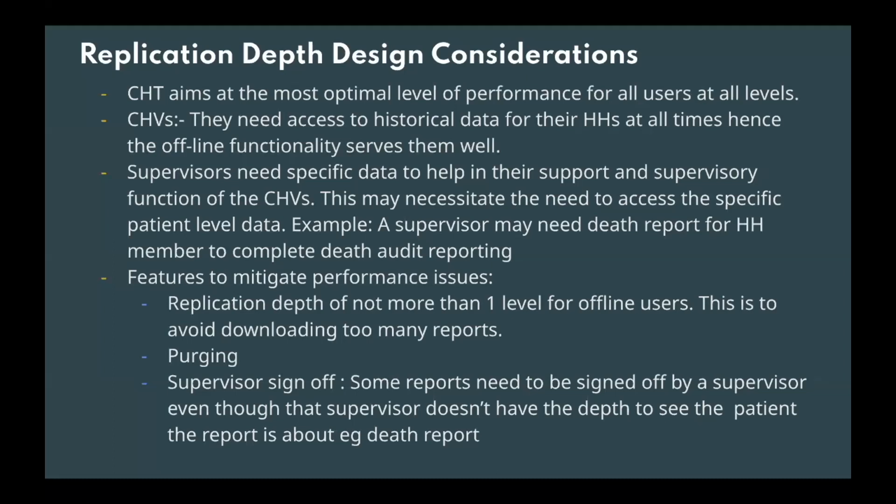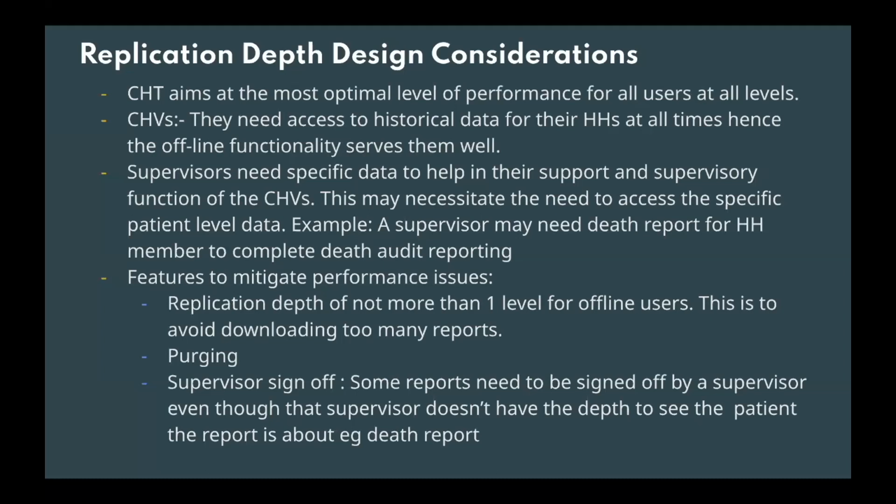And then lastly, we have a feature that we call the supervisor sign up, where you find that some reports might need to be signed off by a supervisor, although this supervisor is not allowed to see the person that this report is about. And a good example is the death report.